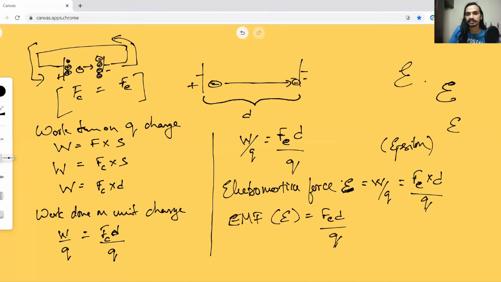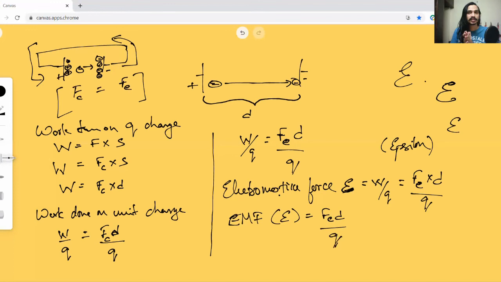I can also define it like this. If I have to define electromotive force, I'll say it's the amount of work done on a unit positive charge to move it from the negative terminal to the positive terminal. Although we calculated for moving a negative charge from the positive to the negative terminal, when we define it, we can also call it for positive to negative, because this is the direction of the electric field.